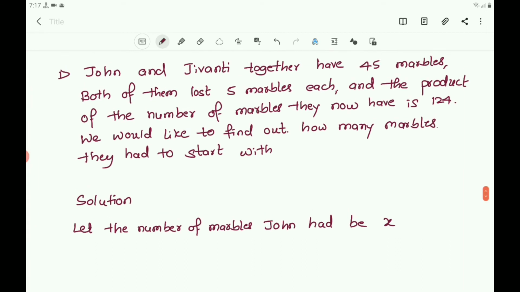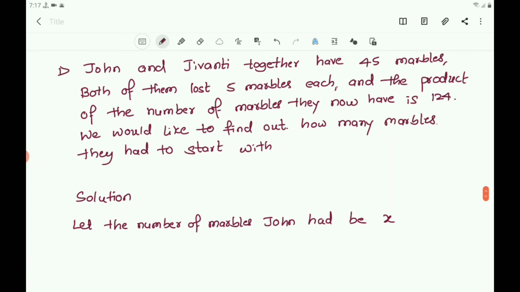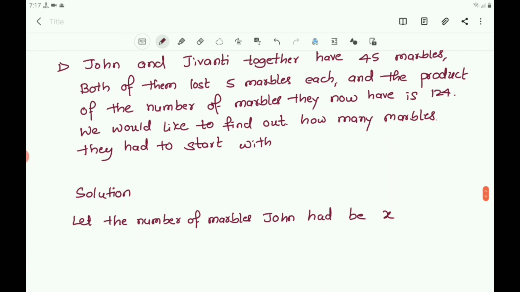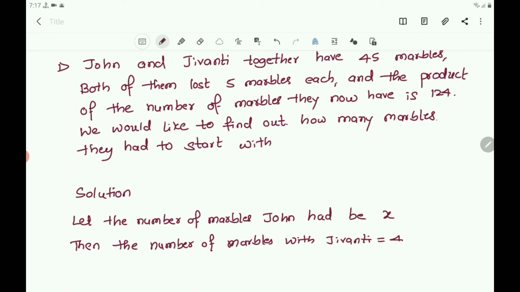You know that the total number of marbles they had is 45. Therefore, the number of marbles with Jeevanti, as the total number of marbles is 45, is 45 minus x, because the sum of marbles together with John and Jeevanti was 45.